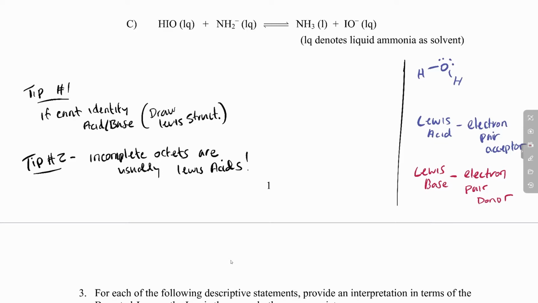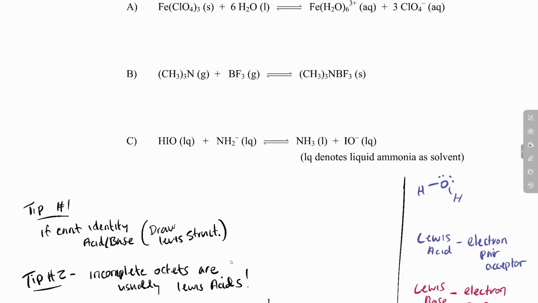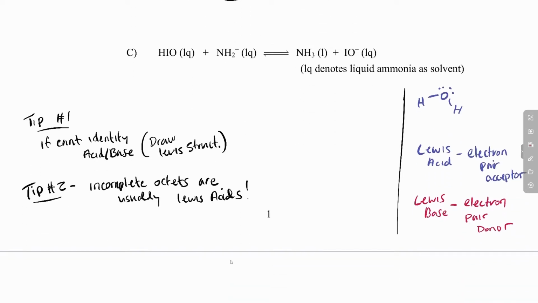So, for example, this ends up being brought up later. BF3, I'm going to draw that out here. It's boron trifluoride. It would be a trigonal planar molecule, right? It exists in a plane, right?